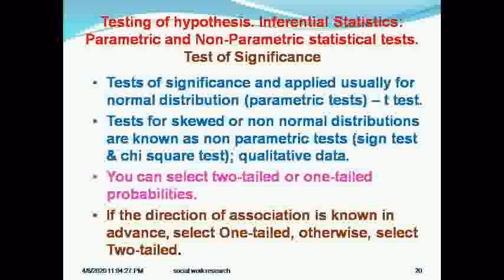Normal distribution means a bell-shaped curve, which means maximum observations lie in the middle, and at the extreme there are very few observations. In other words, we can say 99% of the observations lie within 2 standard deviations from the mean.